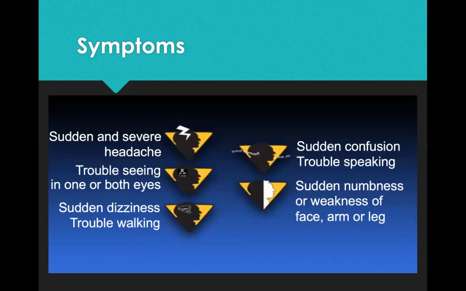The thing is that strokes only will show a headache about 60% of the time. So it's not conclusive, like if they don't have a headache, they don't have a stroke. But if they do have a headache, it will be the worst headache that they have ever experienced.